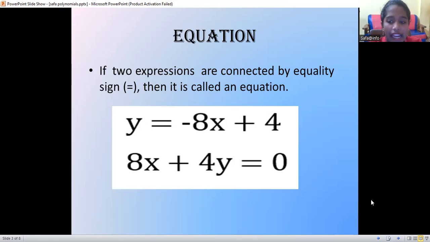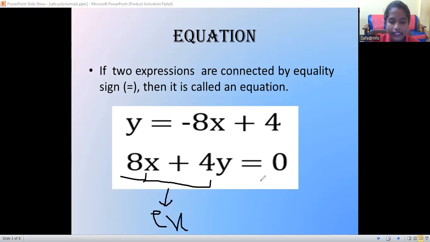Consider only 8x plus 4y. This is called an expression, and this is an equation.